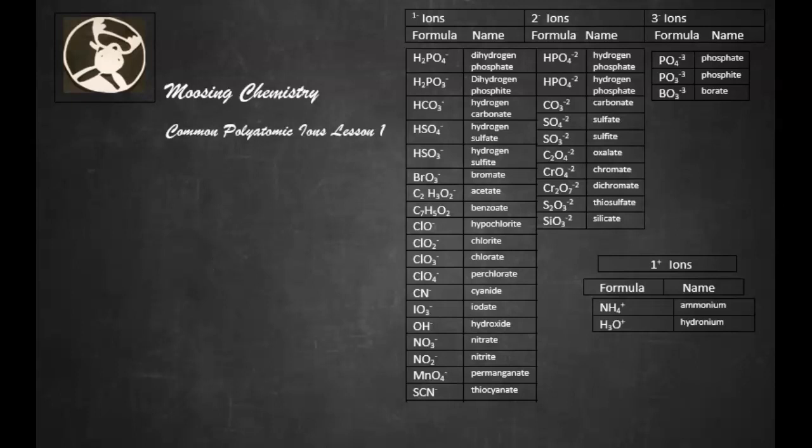Let's try another one here. We'll try magnesium hydroxide this time. Let's stay with the same kind of thing. So we have magnesium, and we have the hydroxide ion, a polyatomic ion. This has a -1 charge. This has a +2 charge.